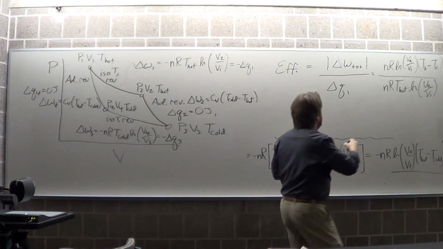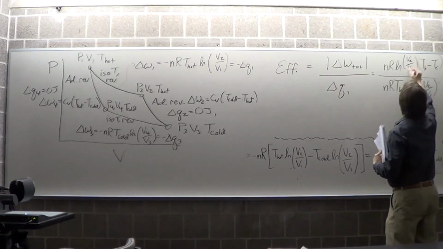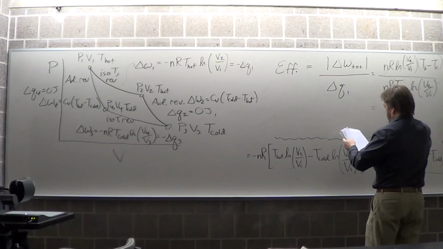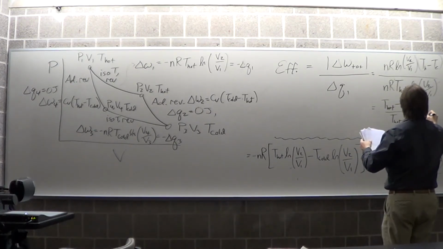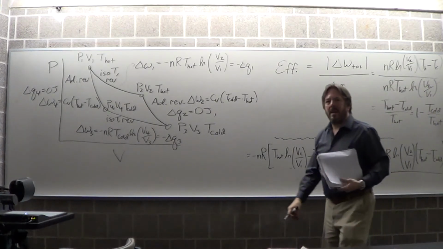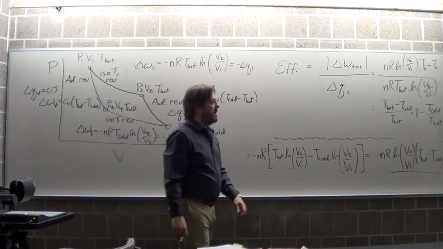Okay, do some factoring. That's gone, the natural log's gone, and so what I got is T hot. I hope I've done this right. T hot minus T cold over T hot, which is 1 minus T cold over T hot. There you go. So that is the efficiency of a Carnot engine.